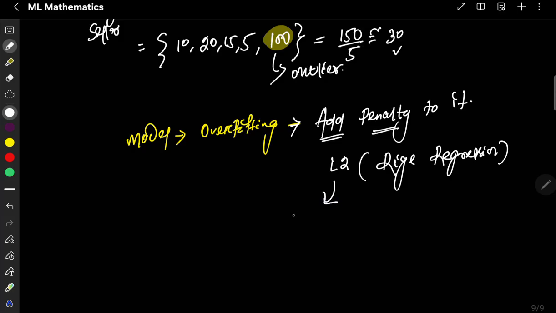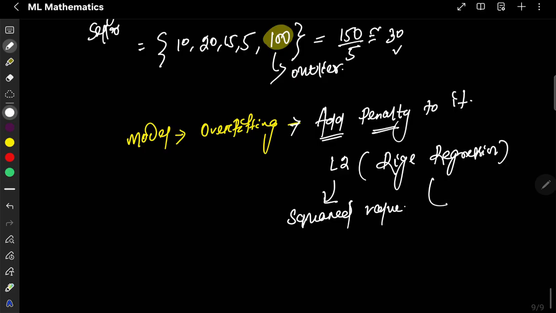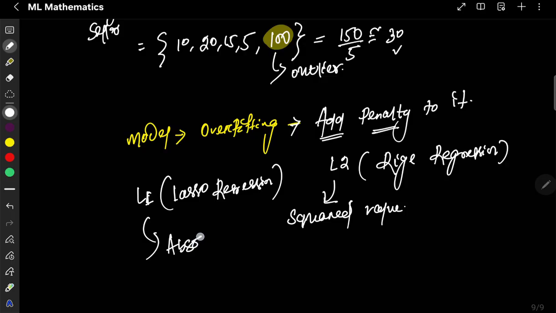The other one is L1, which is called the L1 penalty, used in lasso regression, where we penalize using the absolute value.